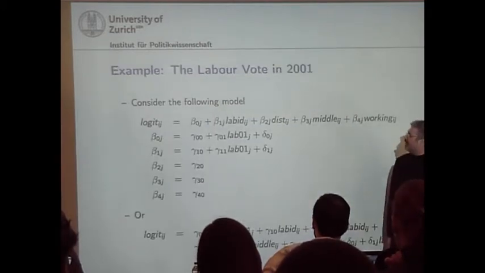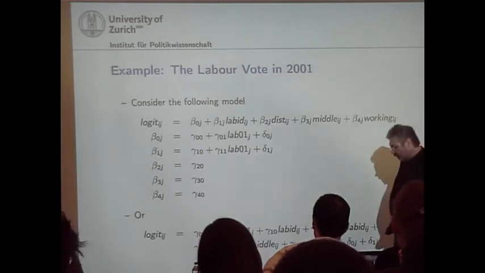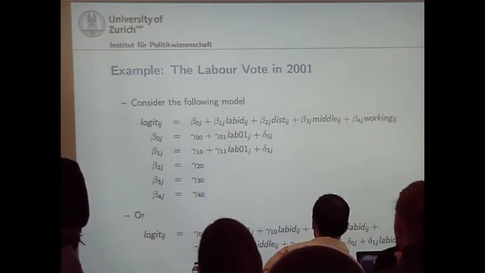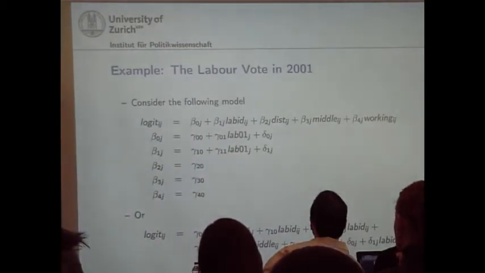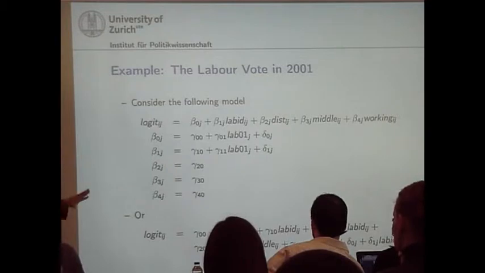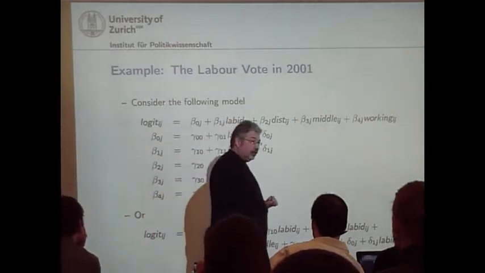This is something that you can calculate fairly easily as well. So we modify the model a little bit to bring in a cross-level interaction. The previous model was just a random intercept model, which had only level 1 covariates in it.